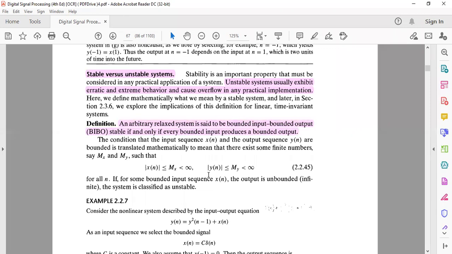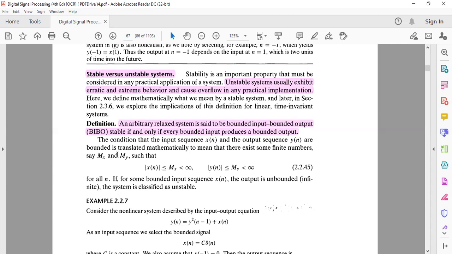That is when we say that the system is stable. What do we mean by bounded? We would want to say that it is finite. So when a finite input produces a finite output, then we say that our system is stable.